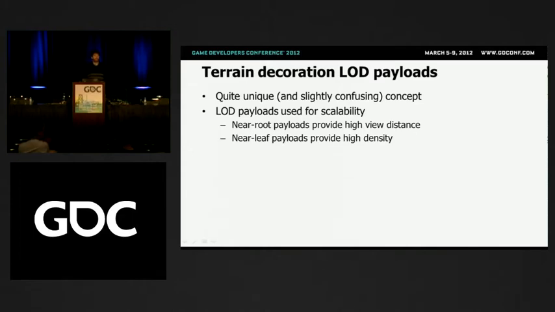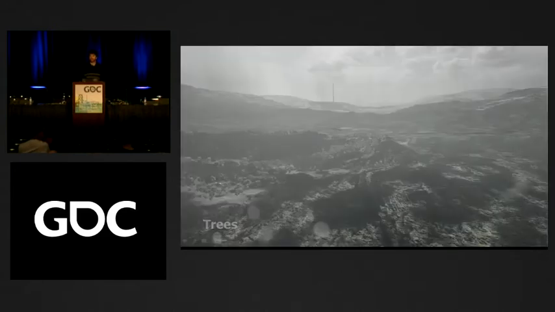If the payload is close to the root of the quad tree, it represents high view distance. If it's close to the leaf, it represents high density. When rendering the decoration, we add the payloads, which means that you can achieve high view distance and high density for the tree or the bush or whatever you are decorating the terrain with.